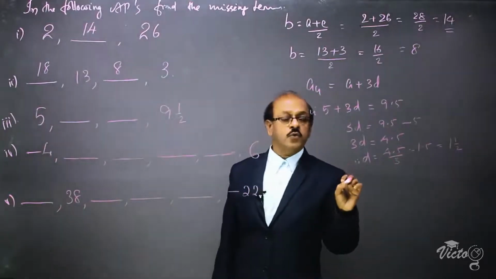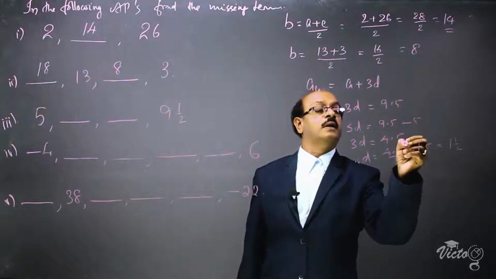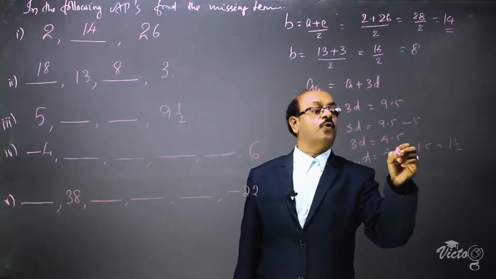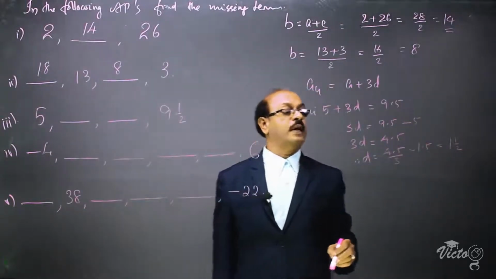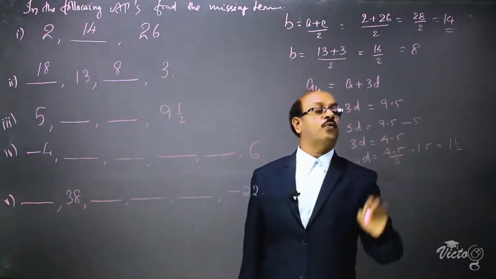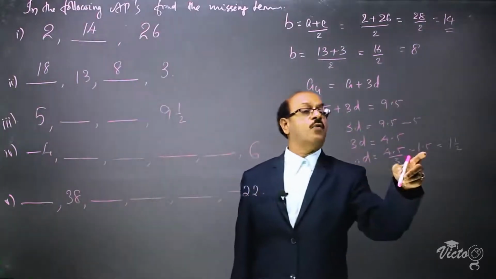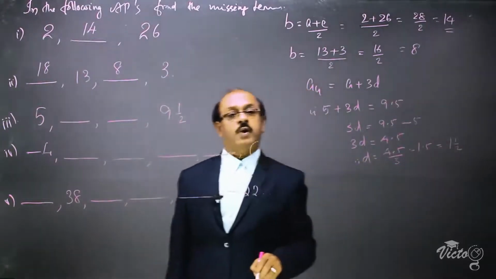The common difference D is equal to 1.5. Since it is given as a fraction in the question, we can write 1.5 in fractional form.